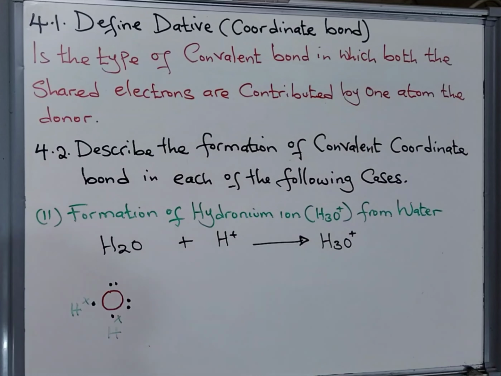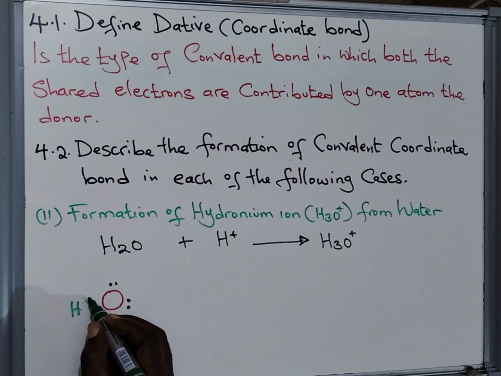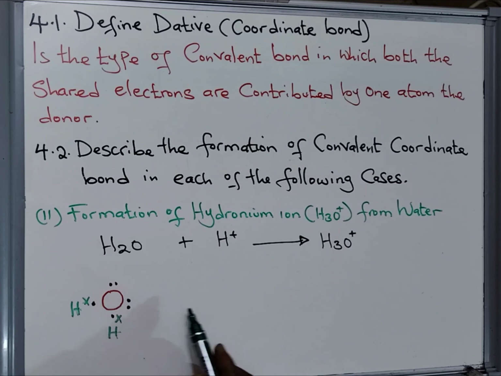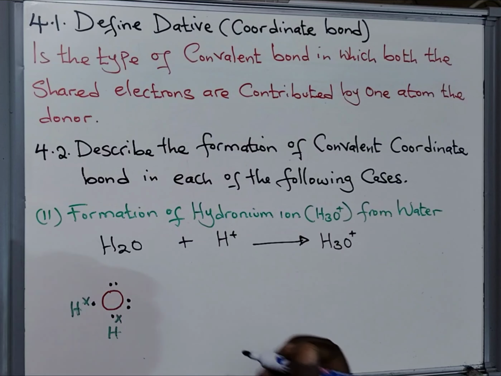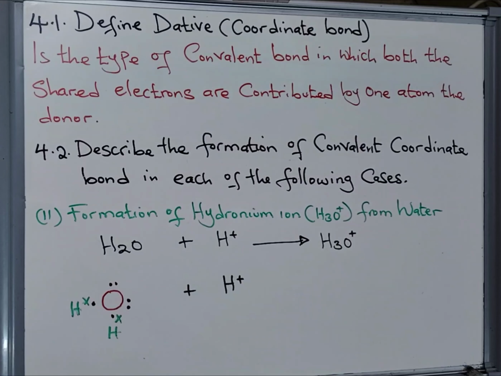Okay. So that's what we have. So technically, this is the Lewis structure for water molecule. Okay. Then we proceed that if a hydrogen ion comes, like I said before, a hydrogen ion does not have any electron.